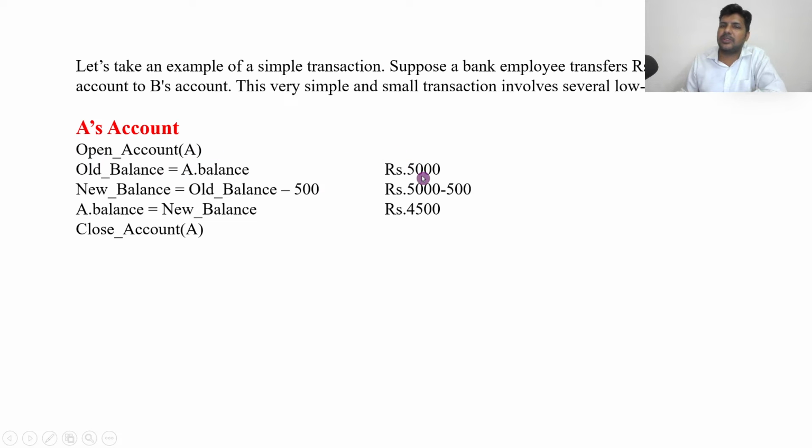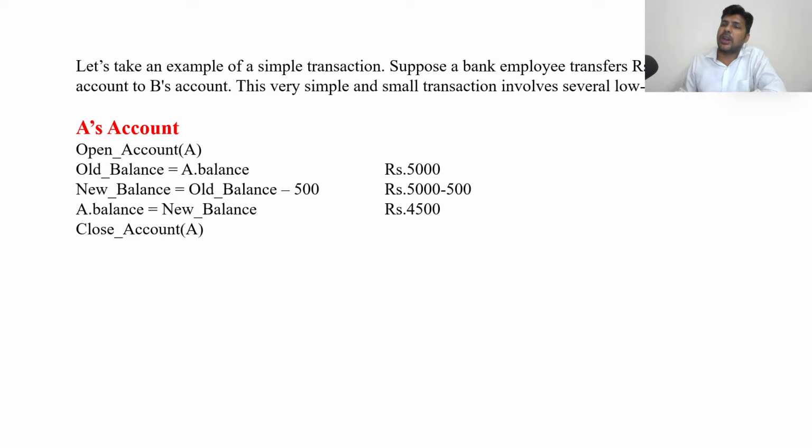The new balance is 5,000 minus 500, because I am transferring 500 to B's account. So 500 will be reduced from 5,000, and automatically it will be 4,500.